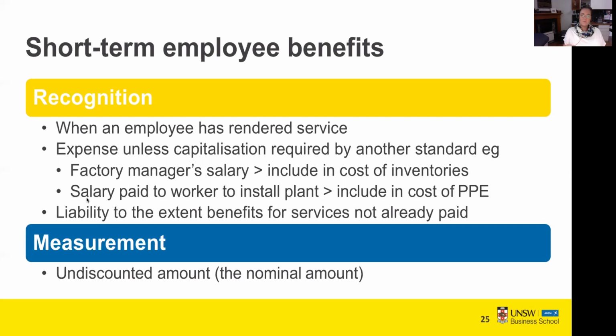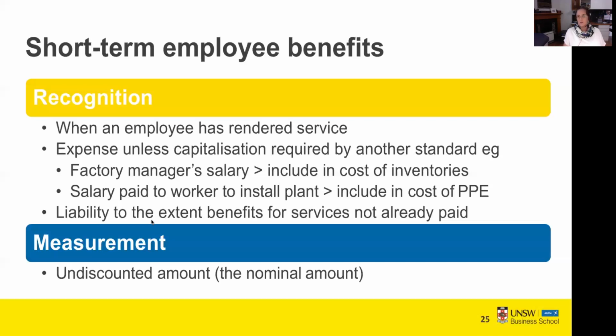So for you, you are going to assume that the general rule of expensing something will apply unless a question specifically tells you to the contrary. The other side of the transaction will result in the recognition of a liability to the extent that the benefits have not yet been paid.